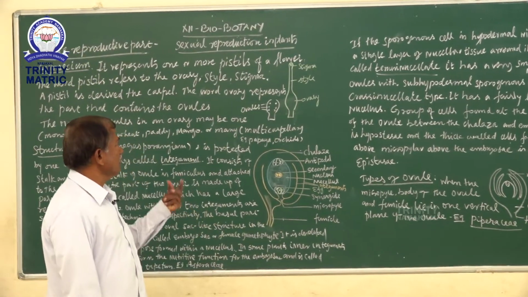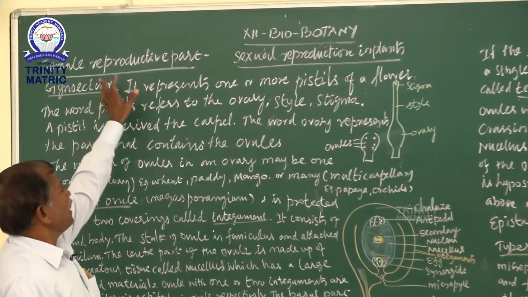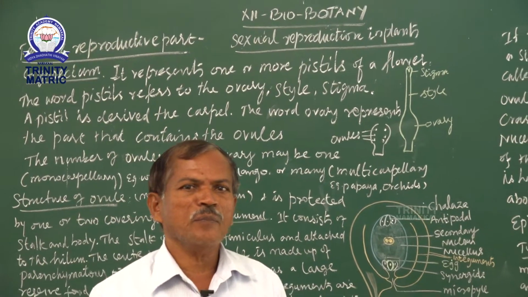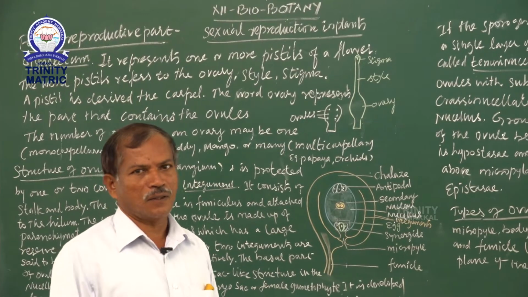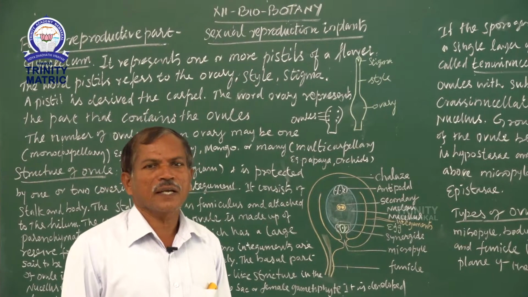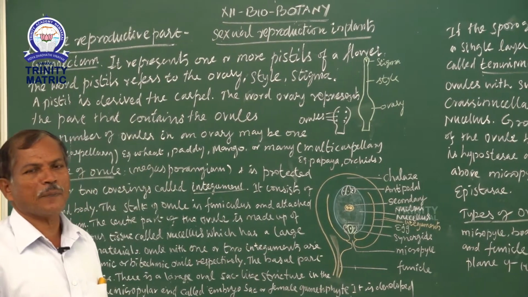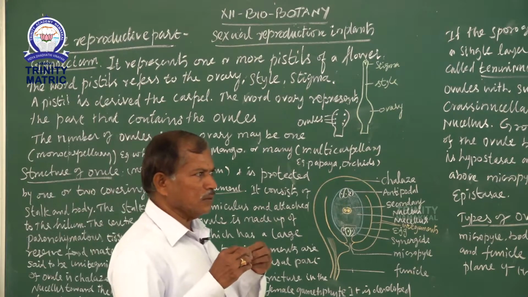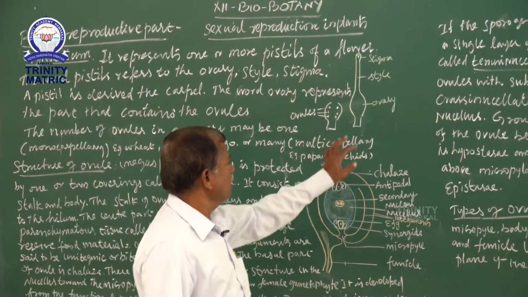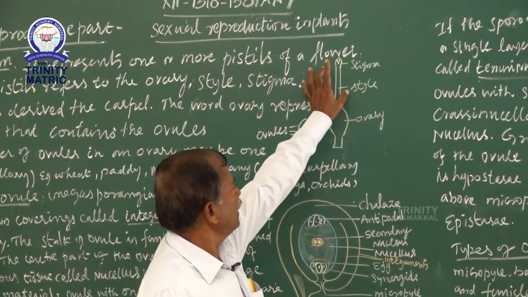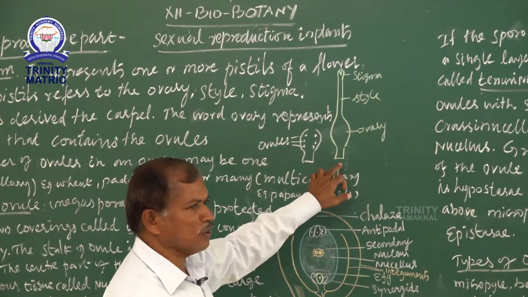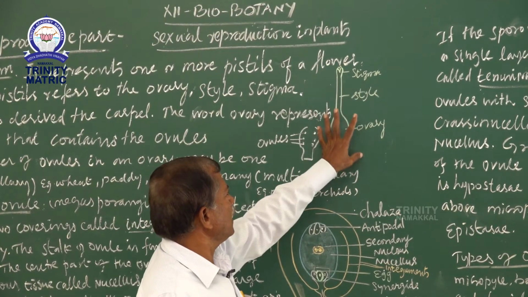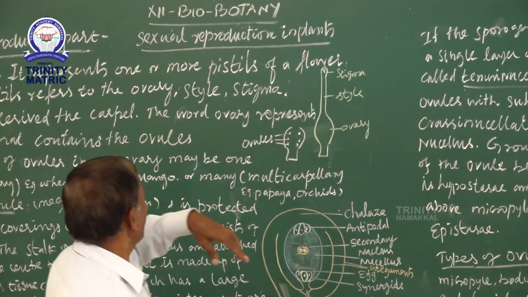Today we will see the female reproductive part of a flower. What's the heading? Female reproductive part of a flower. All of you know that gynoecium is the female reproductive part of a flower. When you tease or open the flower, this part is called the gynoecium.